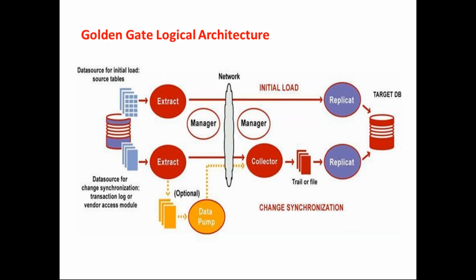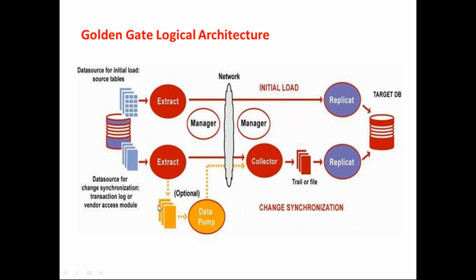I will use that username and password to connect to the database. That user should have DBA privileges because it has to read the redo log files. It reads from them and puts the data into a trail file.